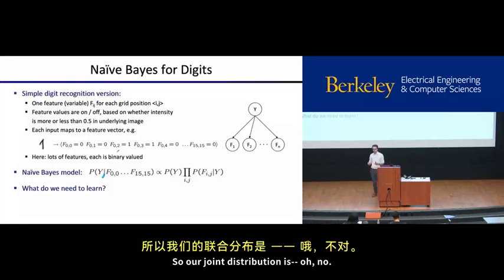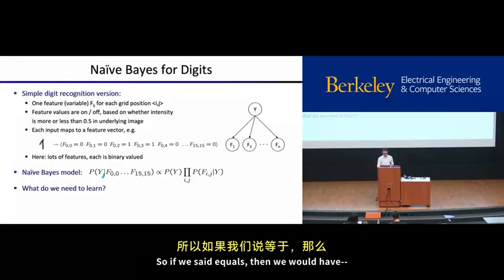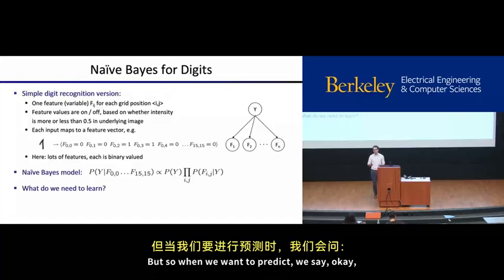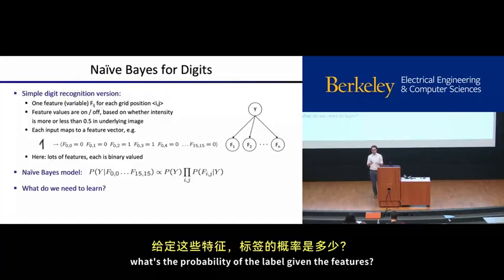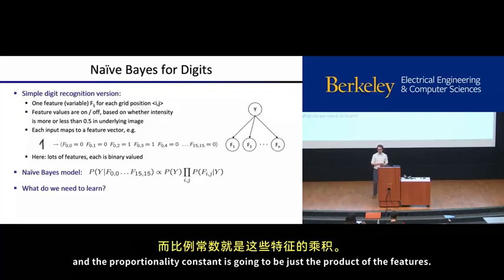It's because it's proportional. If we said equals, then it would be the joint distribution on the left. So when we want to predict the probability of the label given the features, we say it's proportional to the joint distribution, and the proportionality constant is just the product of the features.